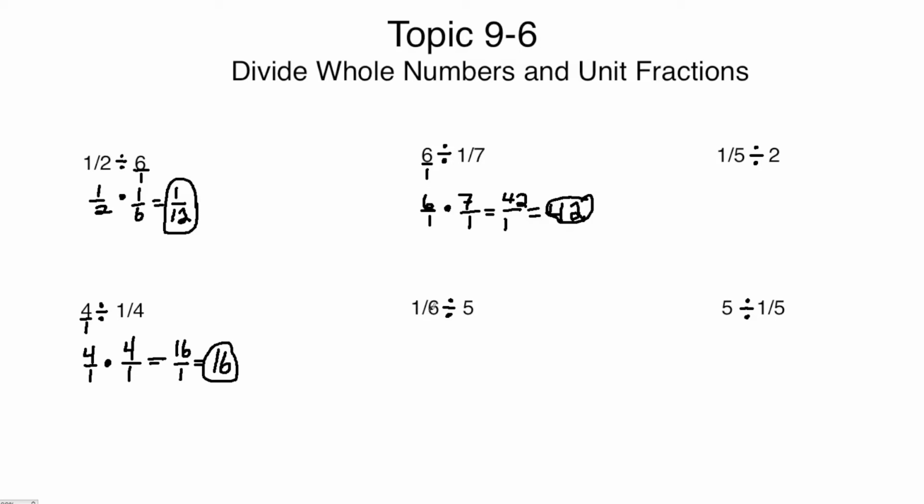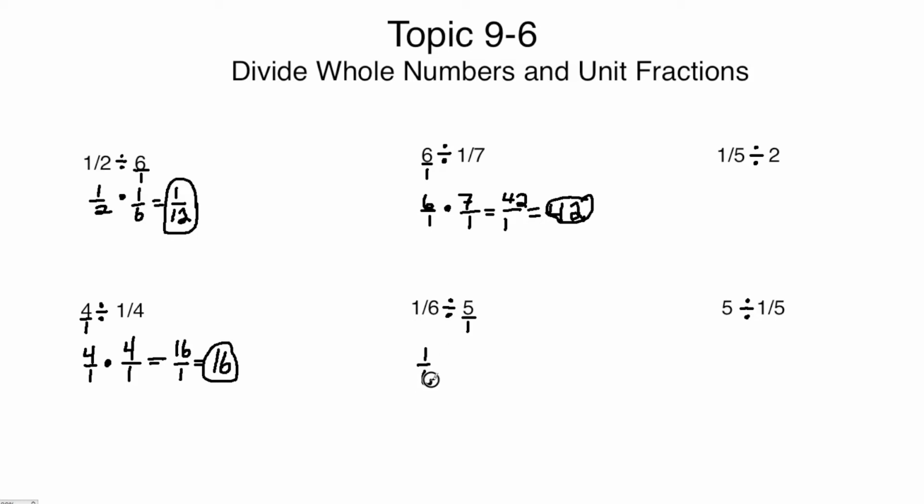Okay, now look, we have a fraction divided by a whole number. Go ahead and push pause and see what you come up with. So let's do the golden rule. Whenever you have a unit fraction divided by a whole number, your quotient will always be a fraction.